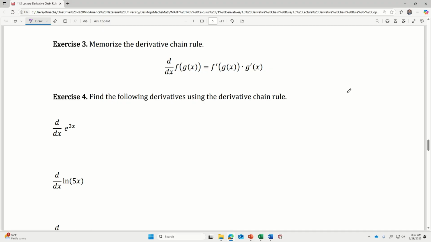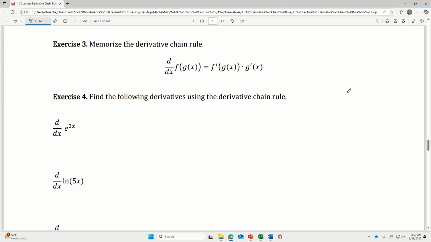So notice I took the derivative of only the outside function, but I left the inside function alone on the inside, times g prime of x. So that's the derivative of the outside function times the derivative of the inside function. Okay?